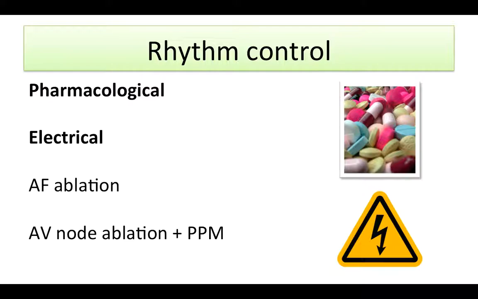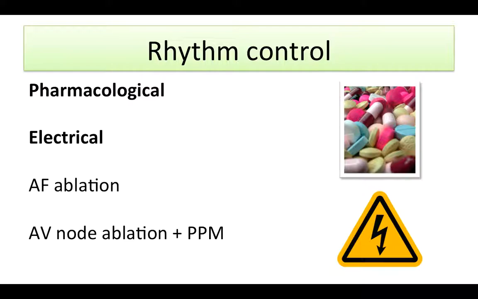Okay, in terms of rhythm control, the mainstay of rhythm control really is using pharmacological agents and electrical cardioversion. There are some patients who you can refer for AF ablation procedures. You can refer them to the electrophysiologists. However, these procedures have a low chance of success, and often patients need to have more than one procedure.